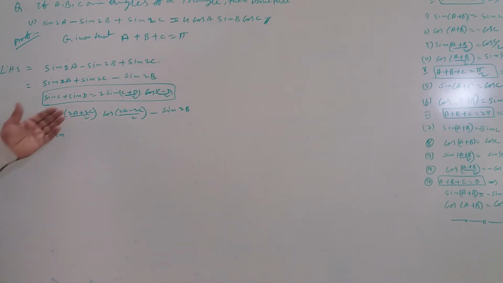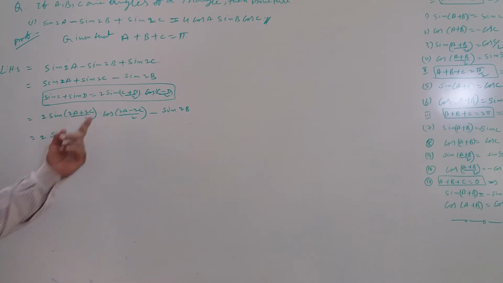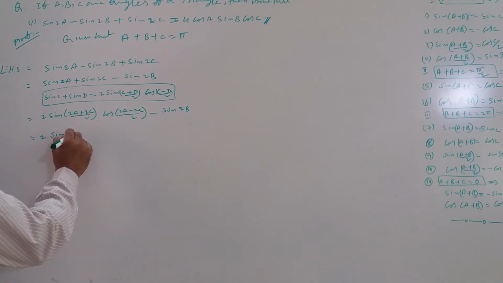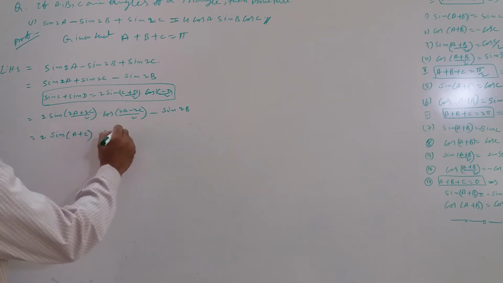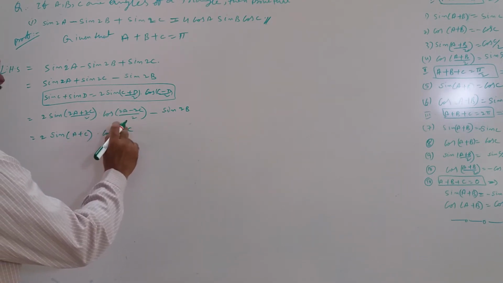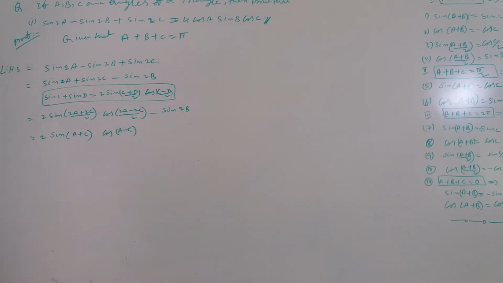By simplification, 2A plus 2C by 2 is A plus C, into cos(A minus C).